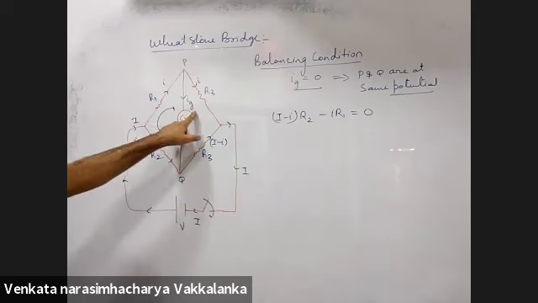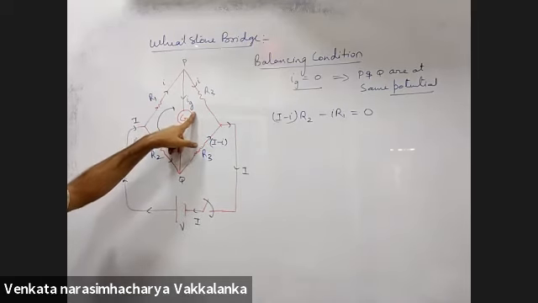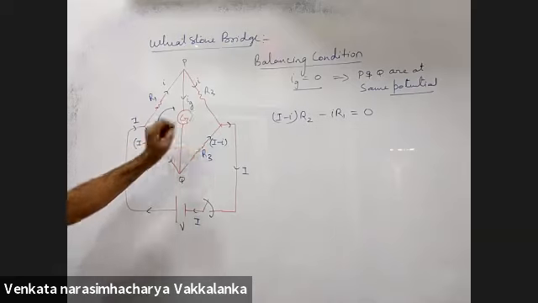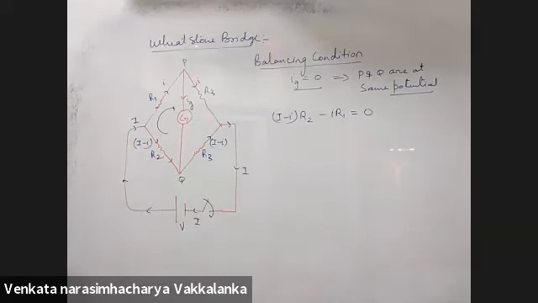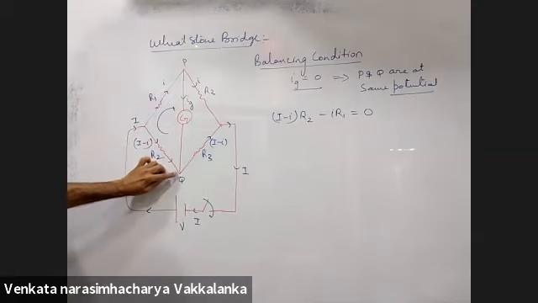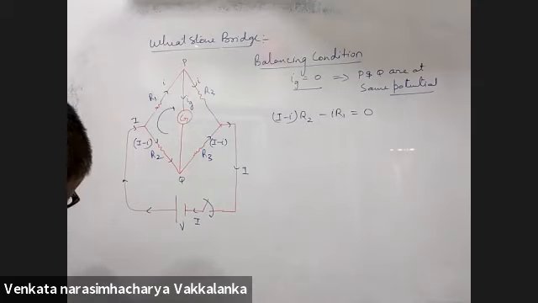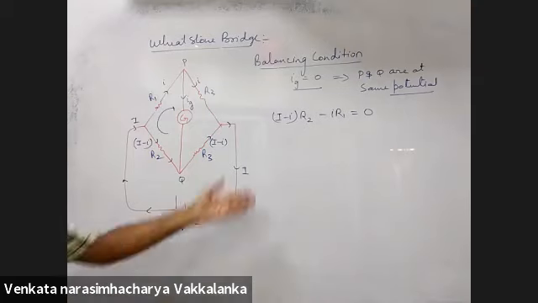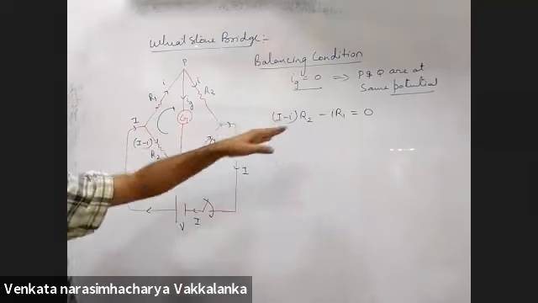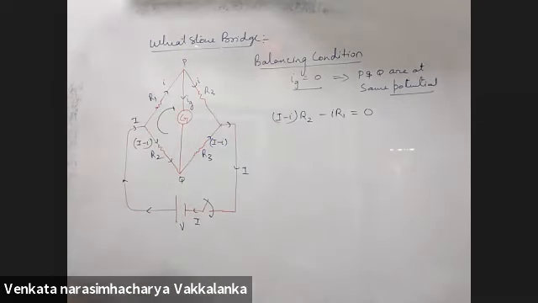So P and Q at same potential is defined by a Wheatstone bridge. If there is no current, that happens only if P and Q are at the same potential. So that's a property of Wheatstone bridge that there will be no current. Obviously, yaar, wahi to likha hua hai. IG is zero is finding out the balancing condition of Wheatstone bridge.